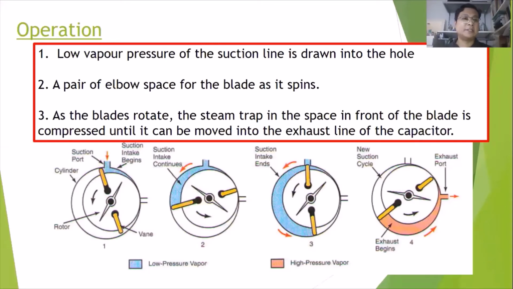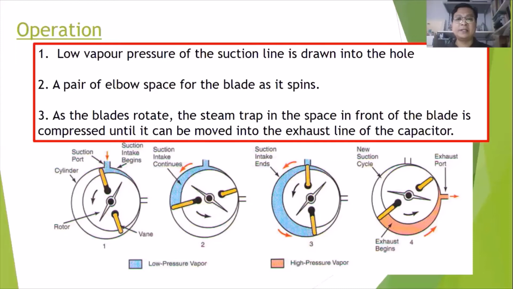less vibration. And then the operation: low vapor pressure refrigerant from the suction line is drawn into the hole. And then second, a pair of elbows make space for the blade as it spins. As the blade rotates, the steam trapped in the space in front of the blade is compressed until it can be moved into the exhaust line of the condenser.